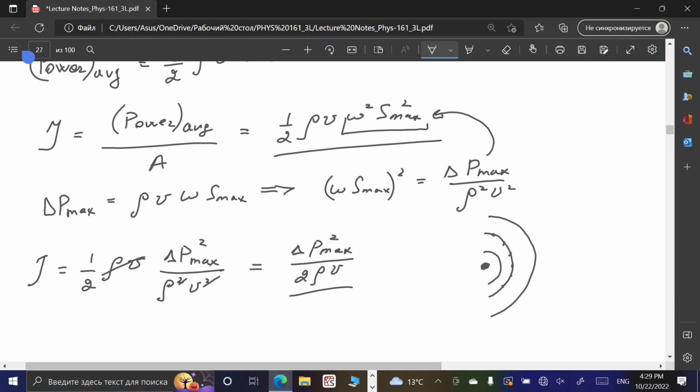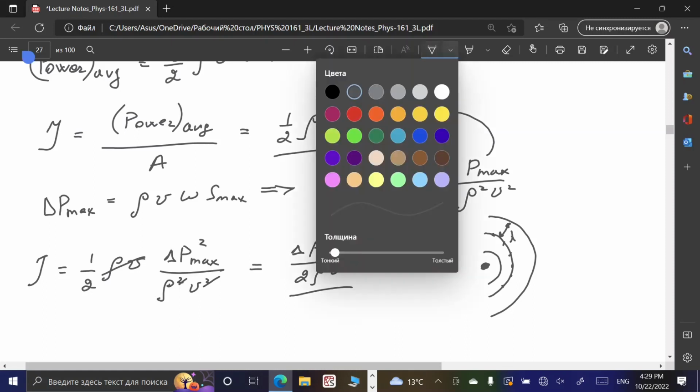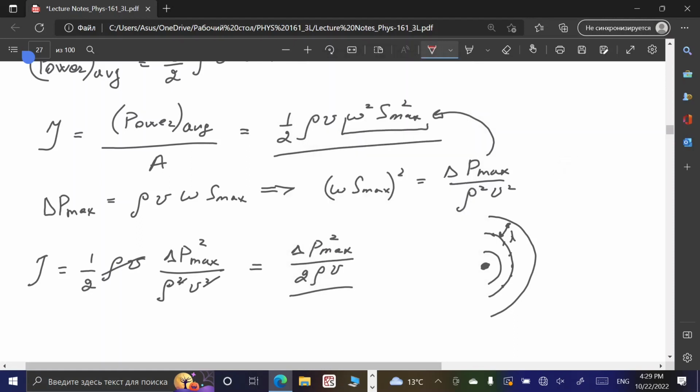The distance between these arcs, which denote a wavefront, is the wavelength, lambda. And if we draw some radial lines, which are always perpendicular to the wavefront, these are so-called rays, which define the direction of sound wave propagation.